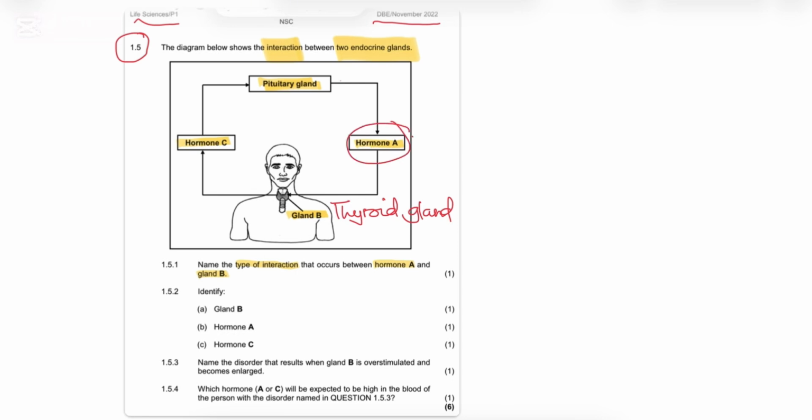So hormone A is TSH. And the thyroid gland, when it has been stimulated by thyroid-stimulating hormone, secretes a hormone, and this hormone is thyroxine.